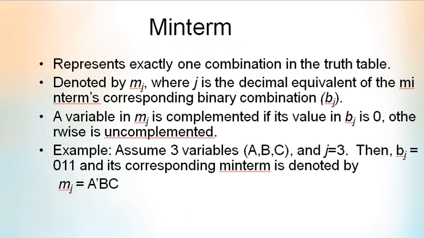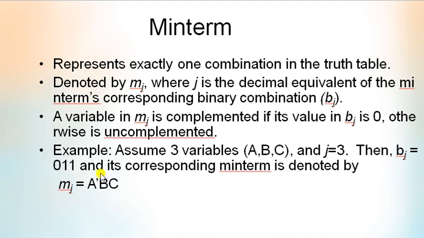I will explain in detail what you mean by minterm. It represents exactly one combination in the truth table, and it is denoted by small letter mj, where j is the decimal equivalent of the minterm's corresponding binary combination bj. For example, j is equal to 0. So, what is the minterm? The binary equivalent of 0 is 0, 0, 0.